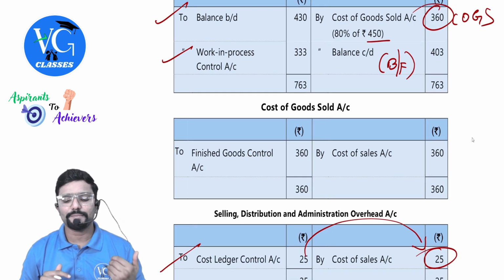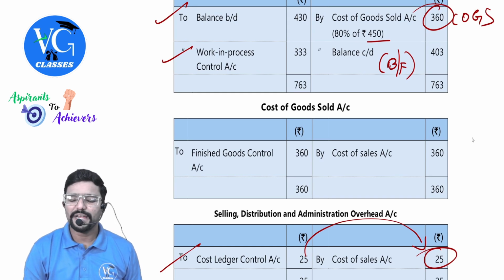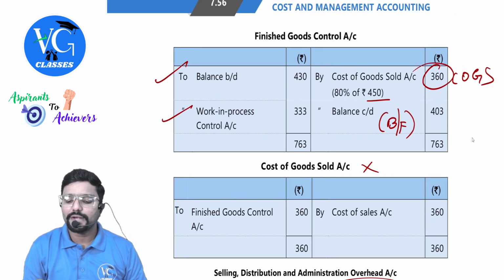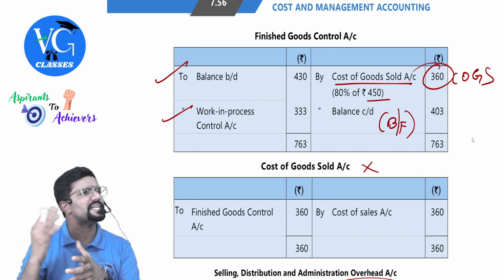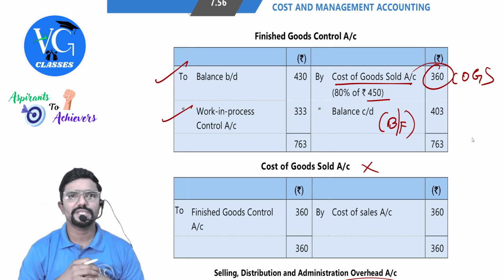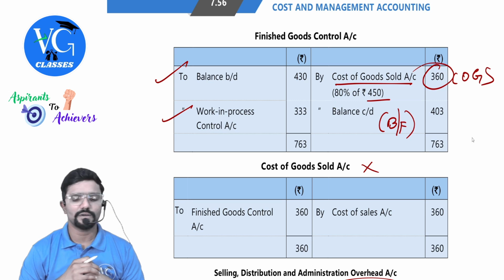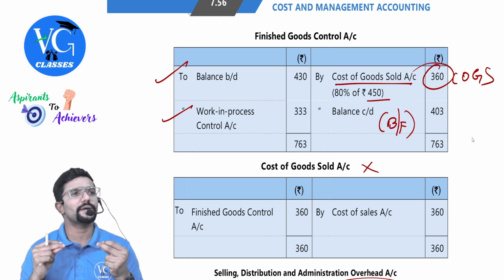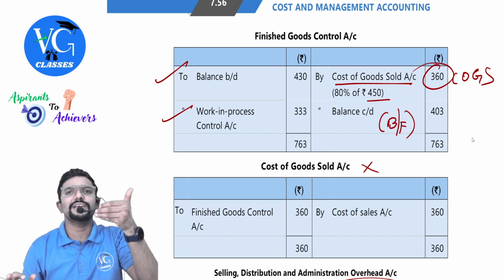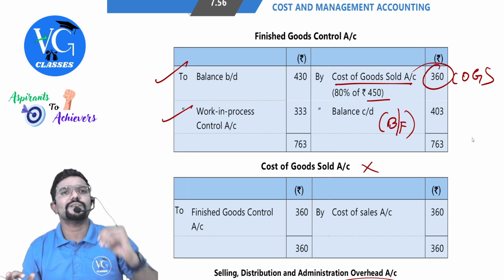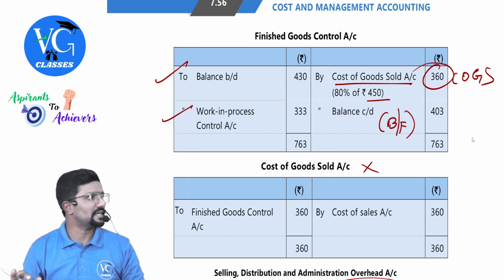Okay, sir. They have made a separate cost of goods sold account, guys. I don't suggest it. Whatever is the cost of goods sold, you can straight away send it to cost of sales account. And whatever selling and distribution overhead absorbed is there, take the total amount. Cost of goods sold plus selling and distribution overhead absorbed will be cost of sales, which you transfer to sales.